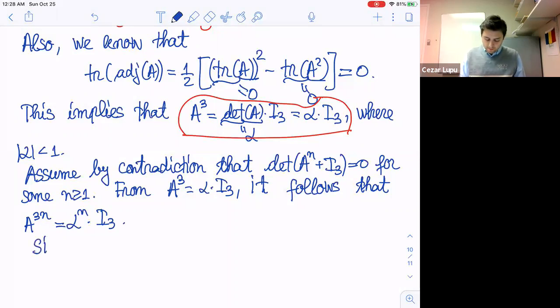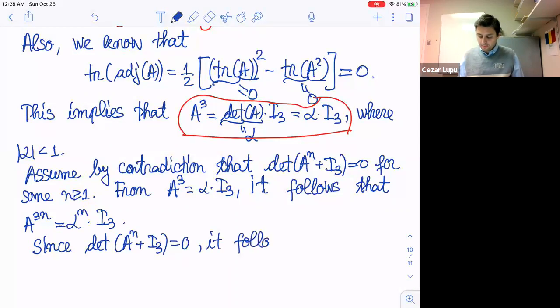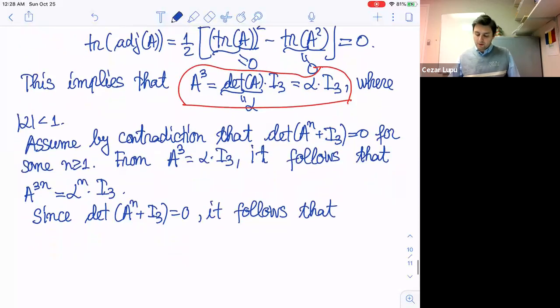Since the determinant of A to the power n plus the identity is 0, it follows that the determinant of A to the power 3n plus the identity is also 0.